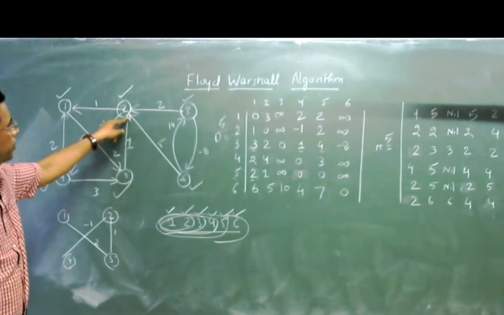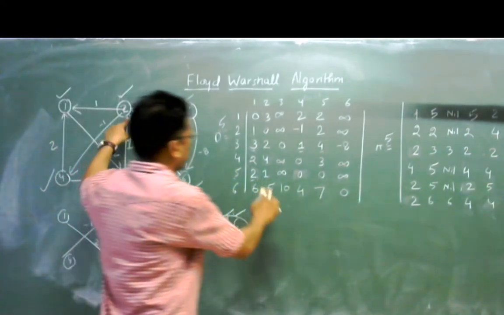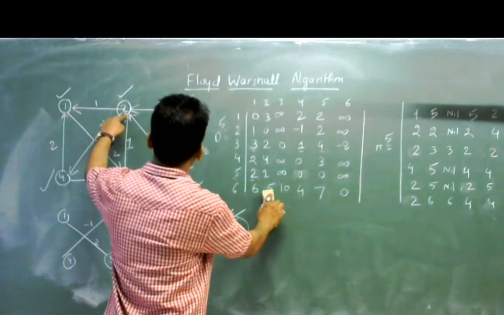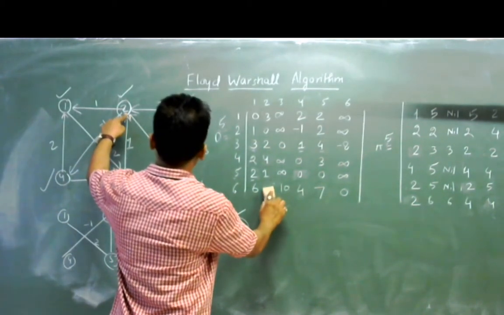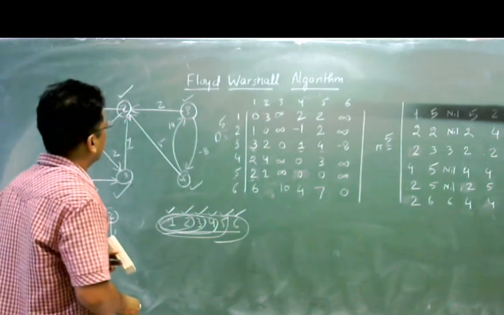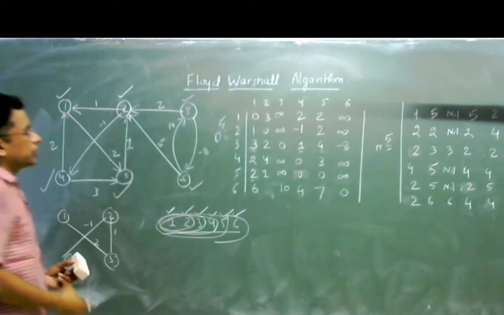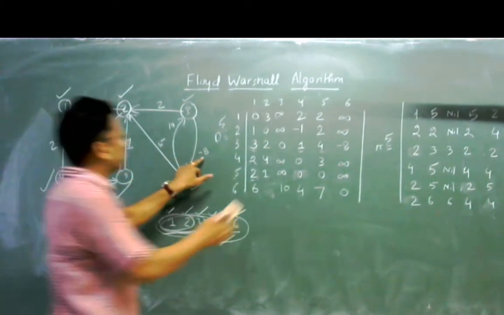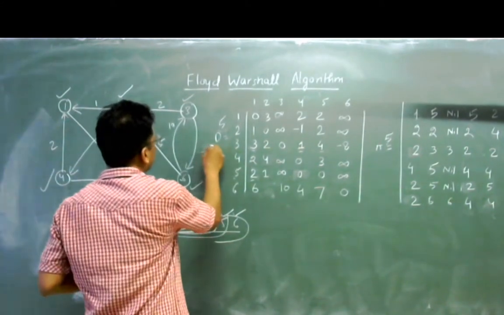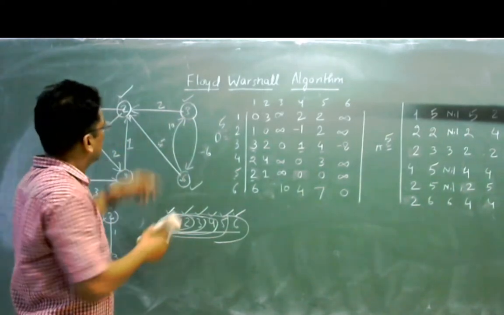Distance of 2 would become equal to minus 3. Distance of node number 2 would become minus 8 plus 5. Sorry, this is a negative 8 cycle, creating a negative cycle. So I am considering that suppose this edge has been used instead of -8, I mark this as -6, because there is a -8, sorry.